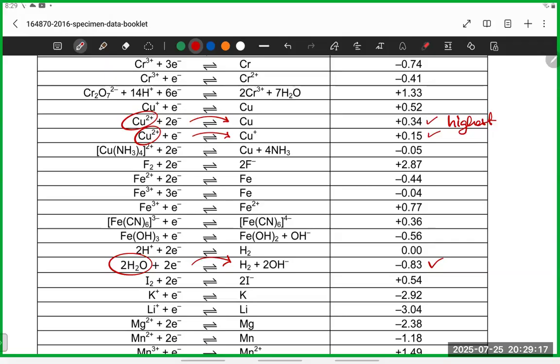If we have a look, here I've got two equations for water, and there's one equation for SO4 minus 2 as well.